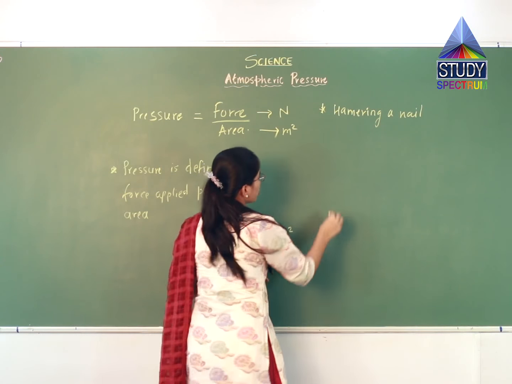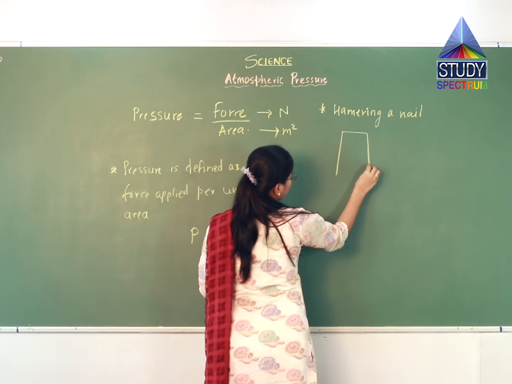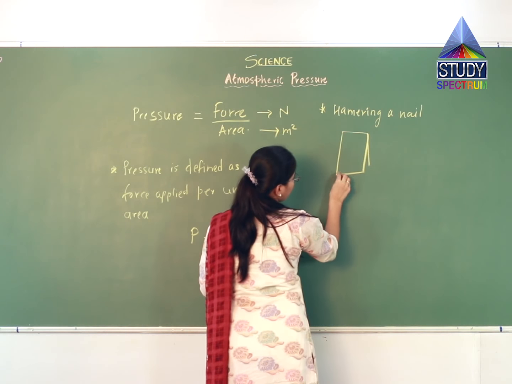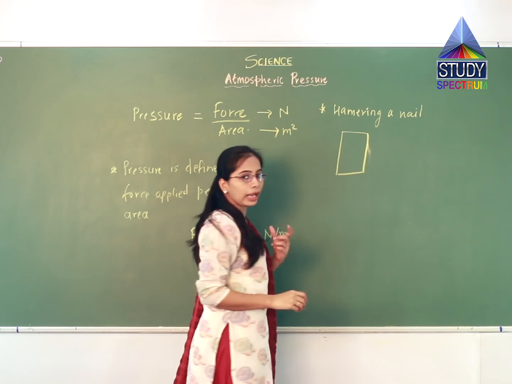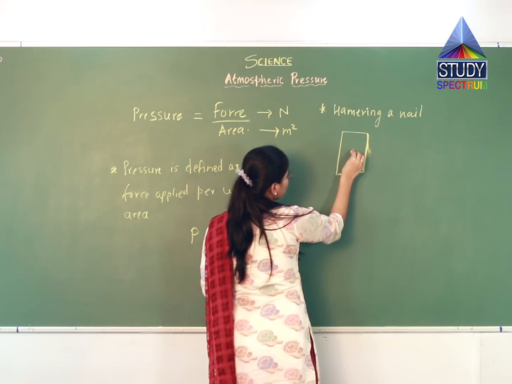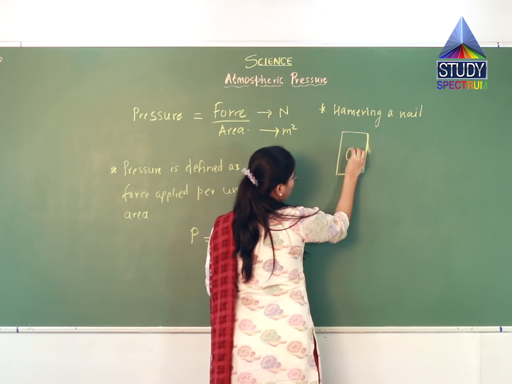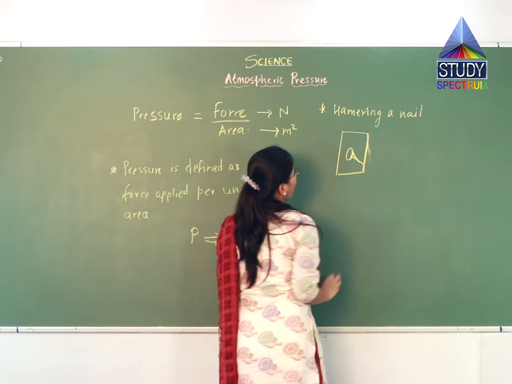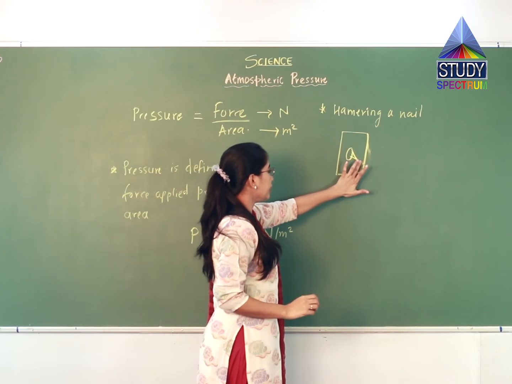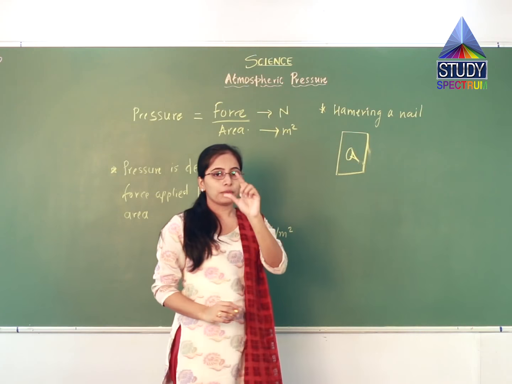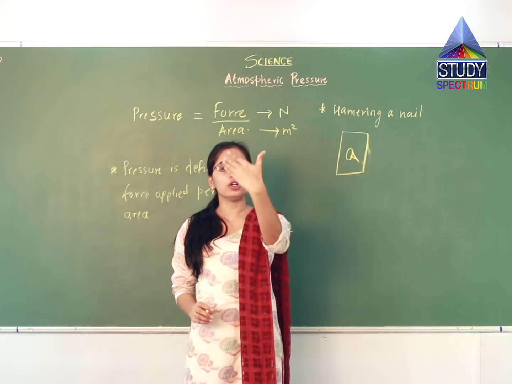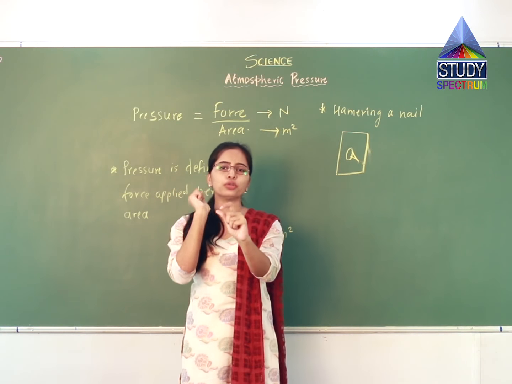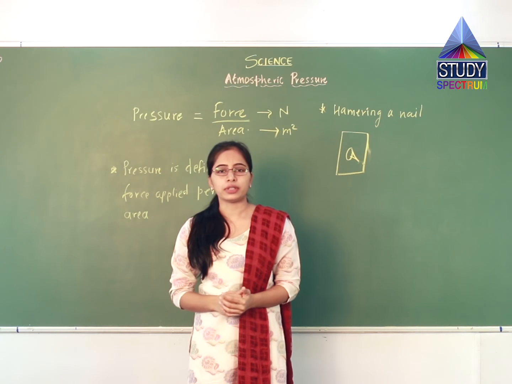Suppose this is the wall and you are trying to hammer the nail in this way, pointing the circular area towards the wall and trying to hit it. What will happen?